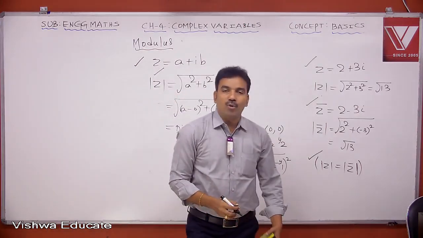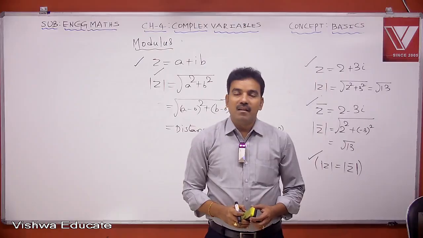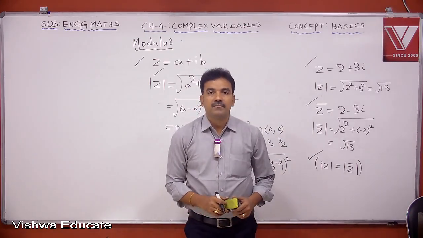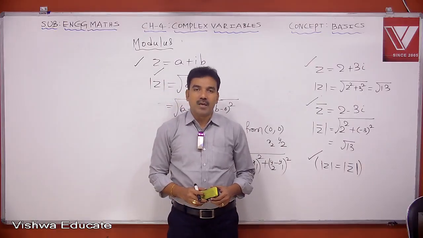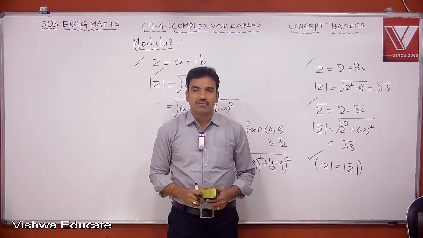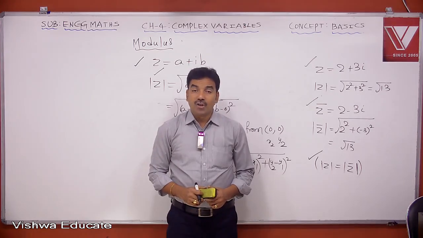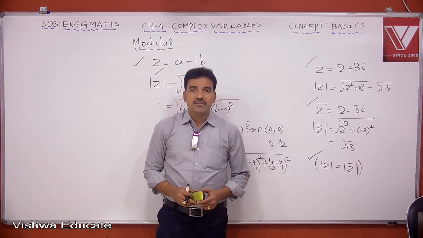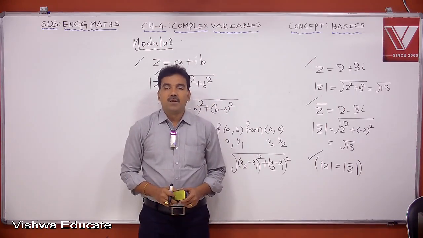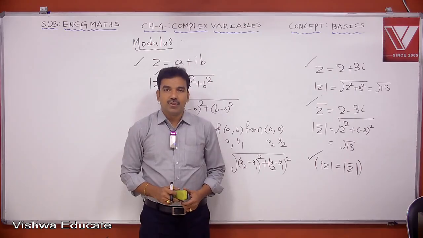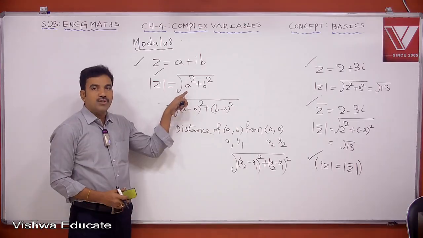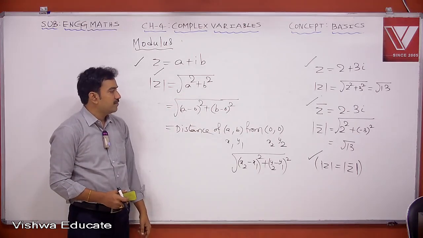Let z equal to a plus ib be any complex number. The modulus of z is denoted and defined as mod z equal to square root of a square plus b square.